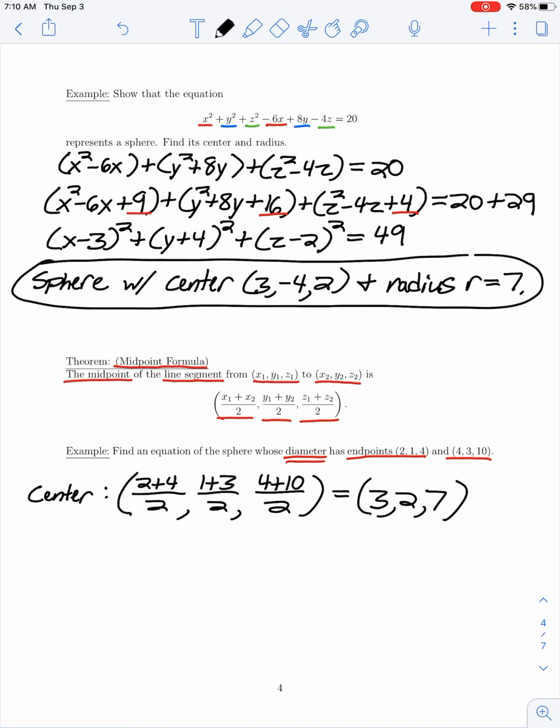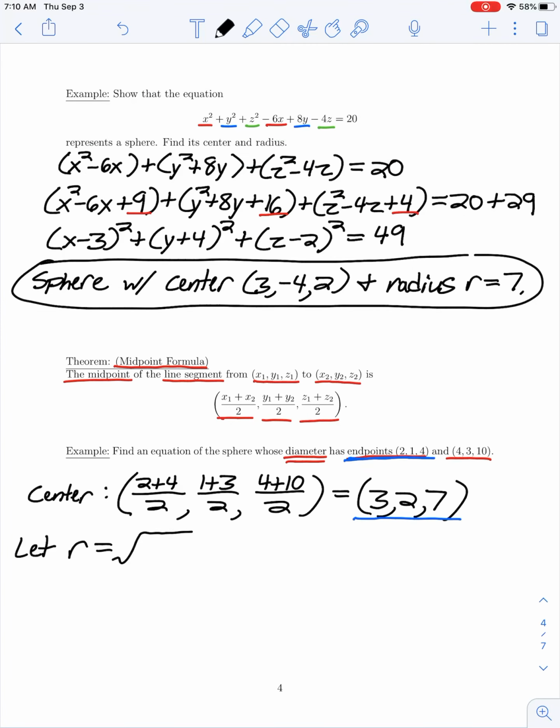Or we could take the distance from our center that we just found to either of the endpoints of this diameter. That would also give us the radius. Either approach works, so I'm going to find r as the distance from my center point to this first endpoint of my diameter.